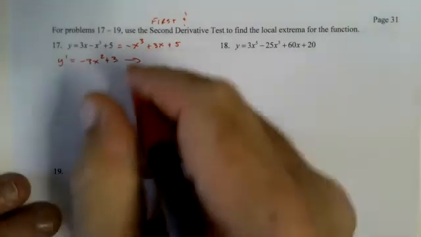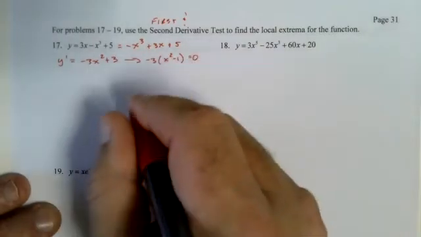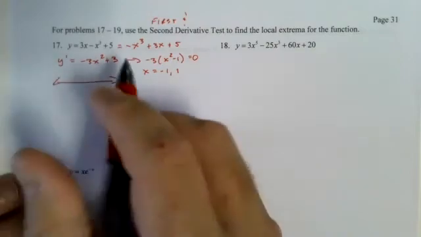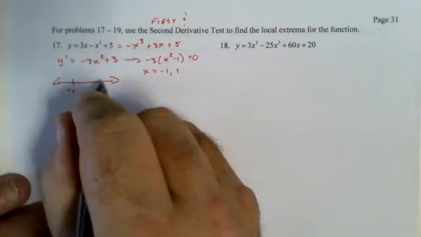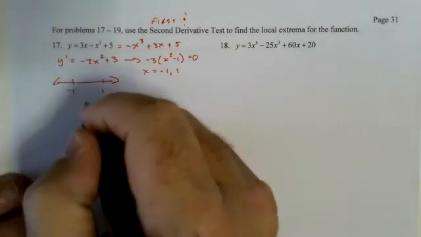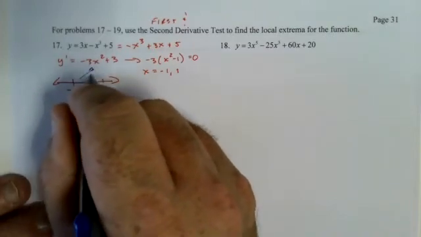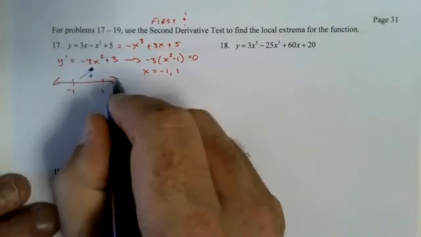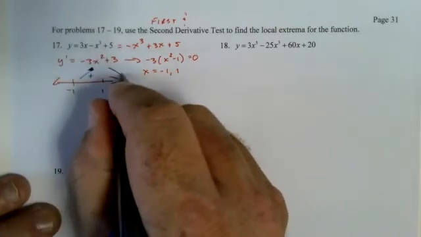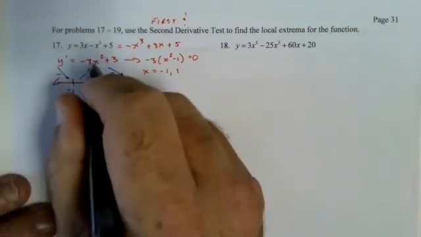All right, factor out negative 3, x squared minus 1 equals 0. X equals negative 1, 1. There's no domain issues here. So plug in 0, I get a positive. Plug in 2, negative, it's going to dominate, it'll be negative. Plug in really huge negative, it's also going to dominate, it'll be negative, the square will dominate.